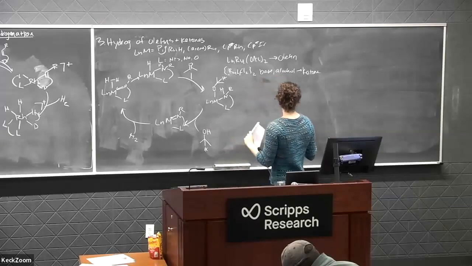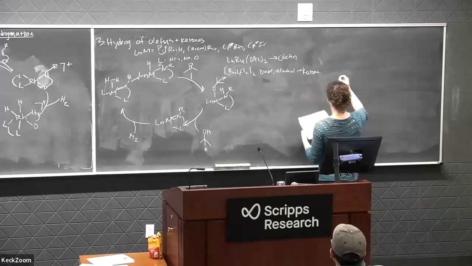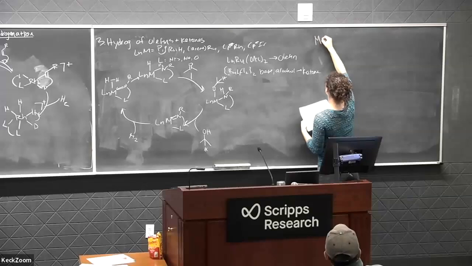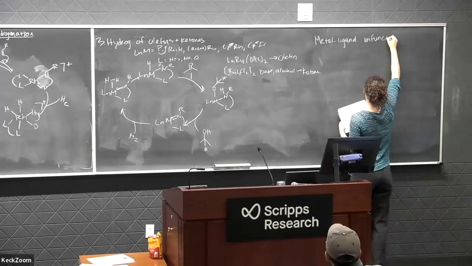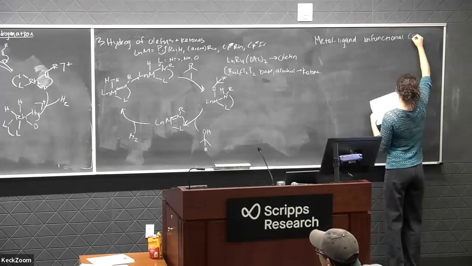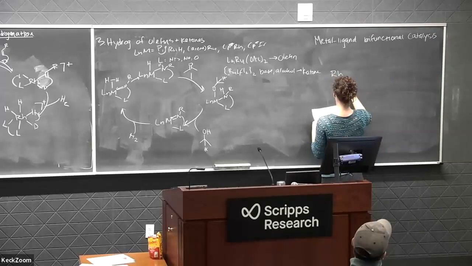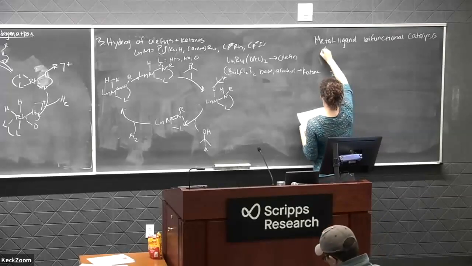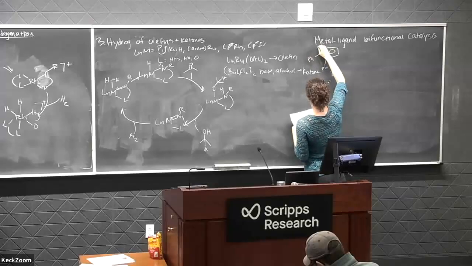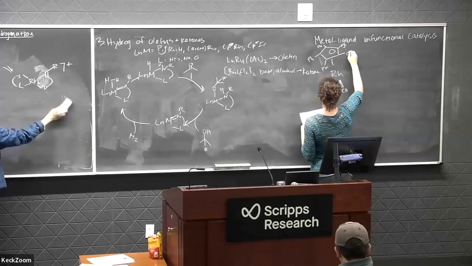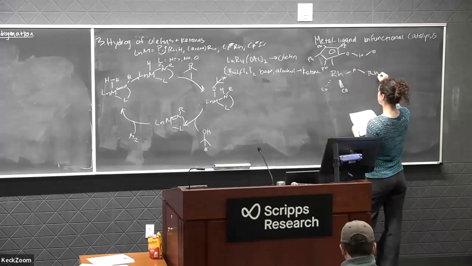So this takes us to an important historical example of an outer sphere pathway, which is the Shvo catalyst. The Shvo catalyst looks like this. The bridging hydride, so it's a dimeric complex.